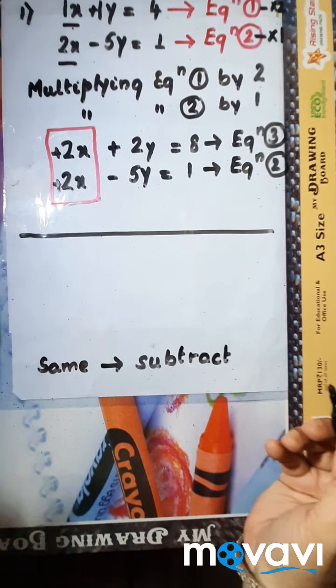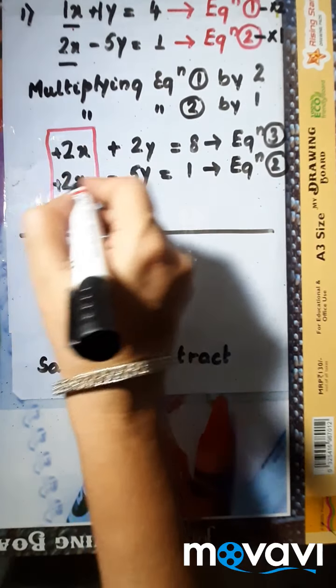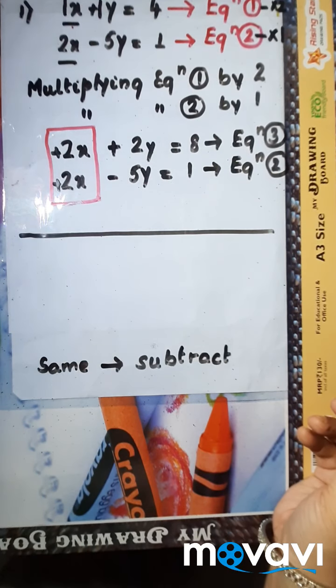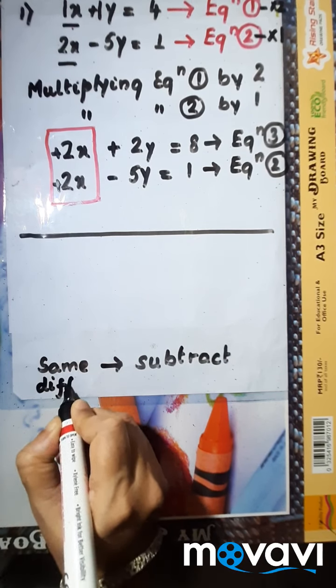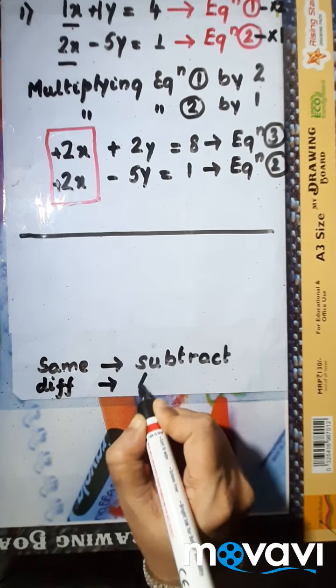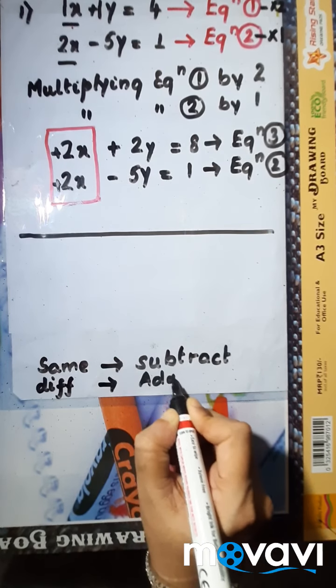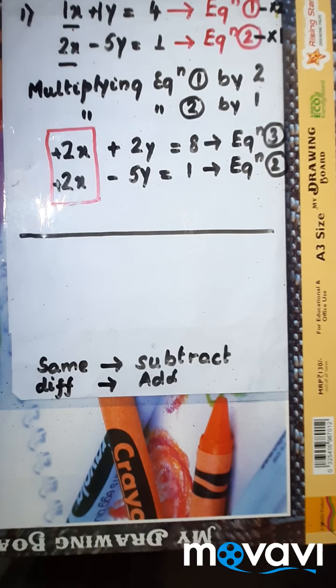Look at the signs in front of the ones that you have put in the box which have the equal coefficients. And when the signs are different, I have to add both the equations. Can you understand this? Did you understand this very carefully?